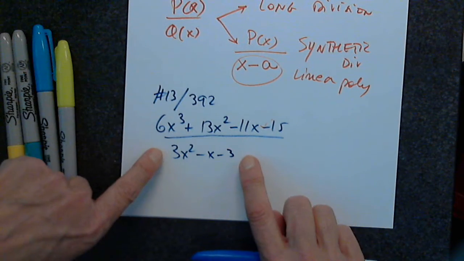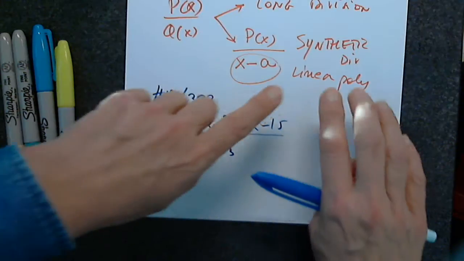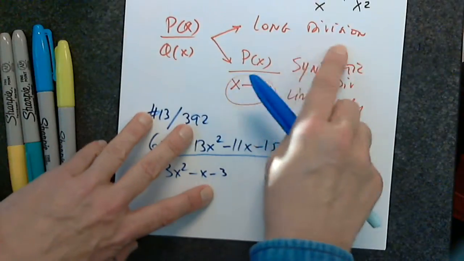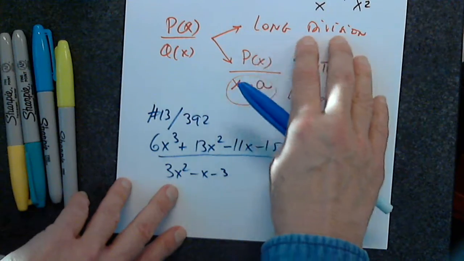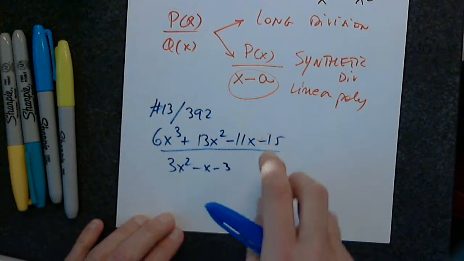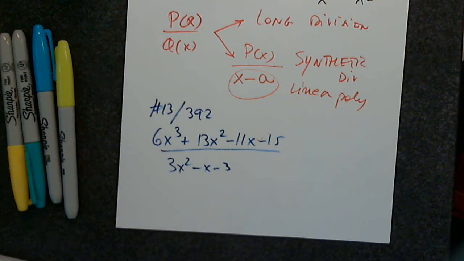Is this a linear polynomial? No. So I cannot use the synthetic division. Is that clear? Okay. So the only chance I have to divide these 2 polynomials is by using the long division. Last question I have is this. Is there a missing term at the top? And you can say, wait a minute, how do I know that? Here's how we know. What is the degree of this polynomial?